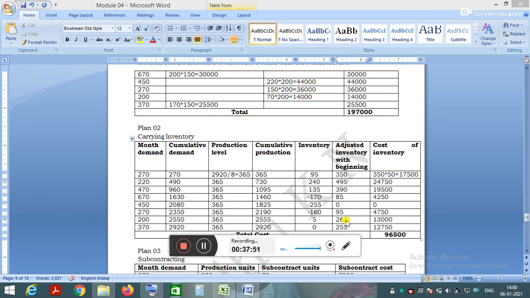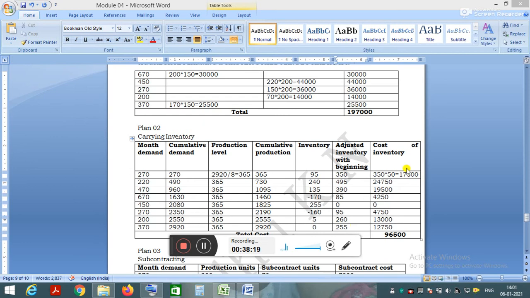Plus 0 plus 255 is 255. That means at the end of the 8th month, 255 products will be more available. Because we produced 255 products more in the month of January itself, which is more than required. Therefore, at the end of the 8th month, 255 products were left after meeting all the demands.